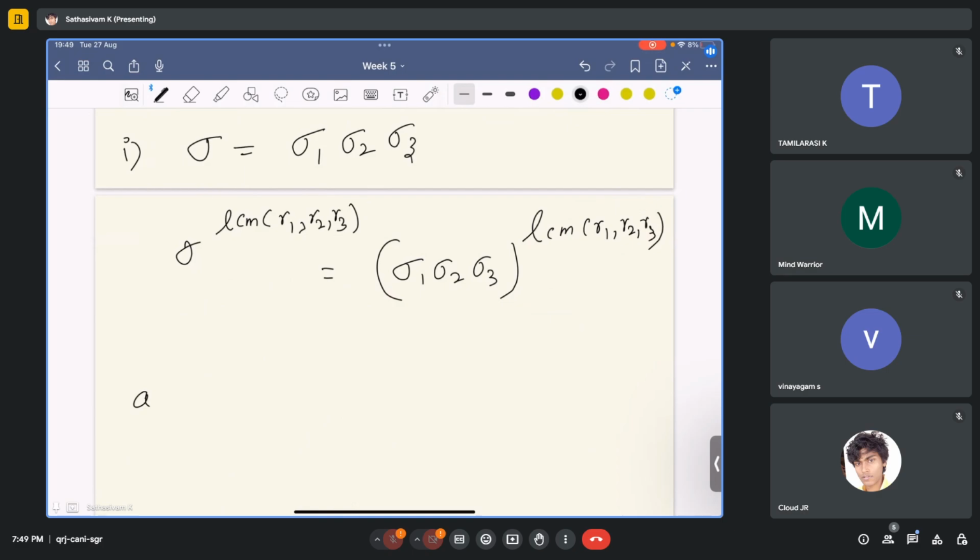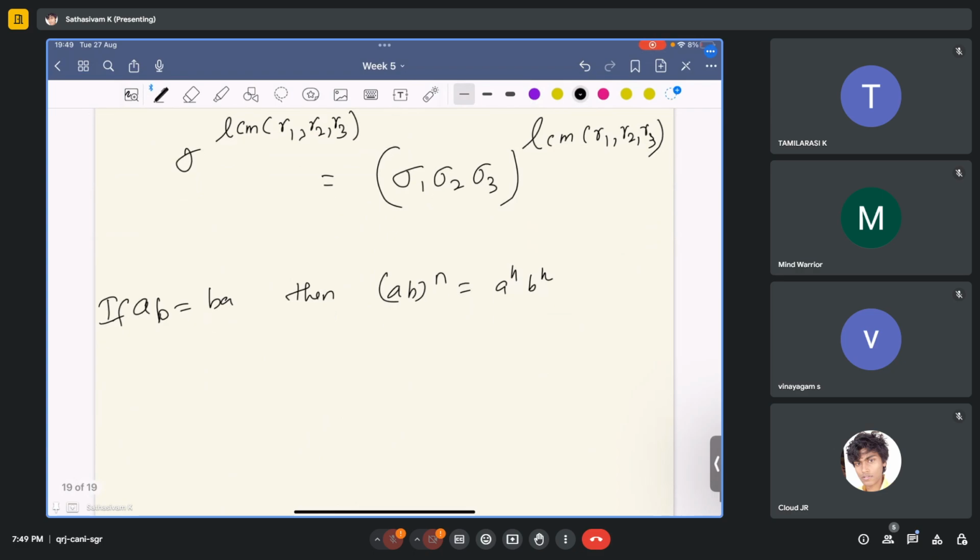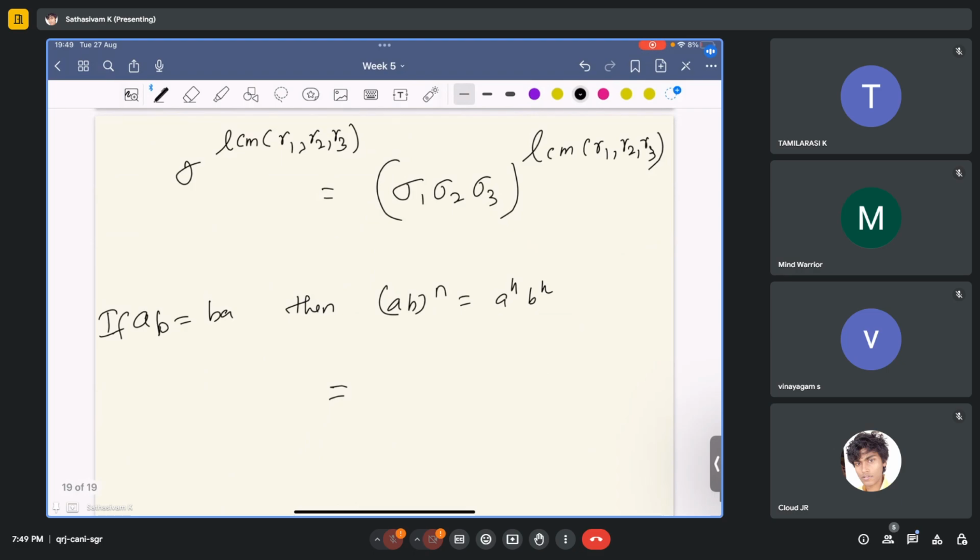If A and B commute, if AB equals BA, then (AB) power n is nothing but A power n, B power n. We have this identity if they commute. In this case, since these sigmas commute, because they are disjoint cycles, which we have proved, this LCM I can take inside.